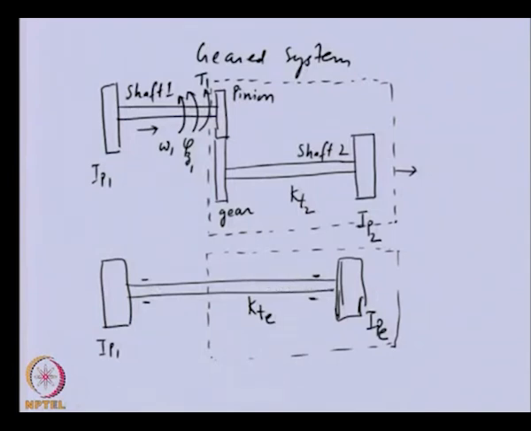The principle will be equating the strain energy of the actual system and the equivalent system, as well as the kinetic energy of the actual system and the equivalent system. These two energies should be the same; then we can call these two systems equivalent. So, let us begin with the strain energy.